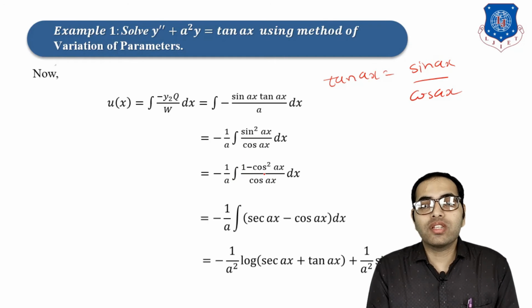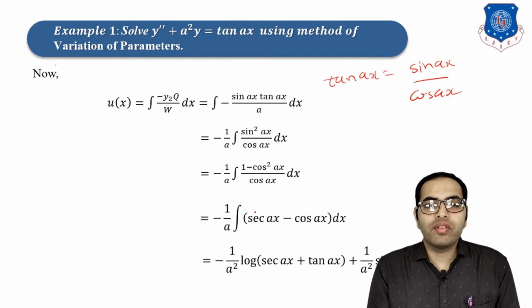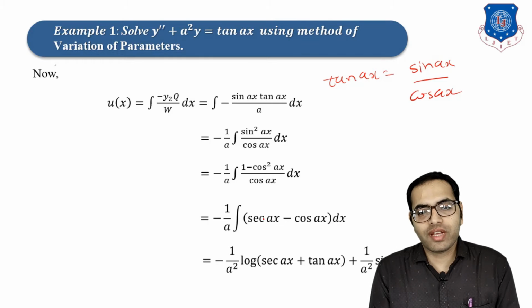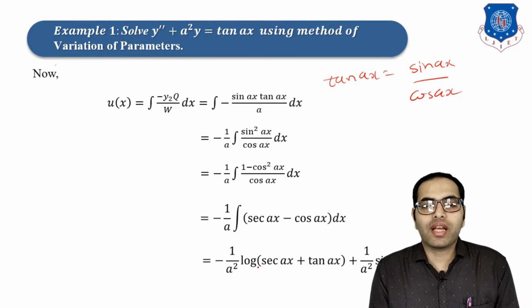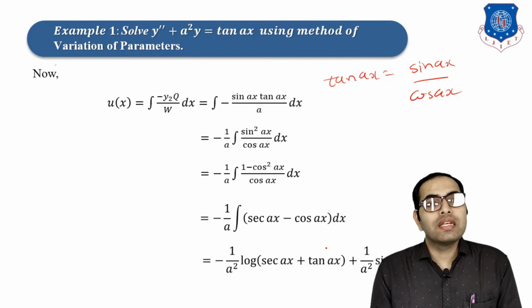Then expanding this term, giving each term the denominator, 1 upon cos becomes sec ax, cos will be cancelled out, then minus cos ax dx. The integral of sec is log of sec x plus tan x, into 1 upon a, so minus 1 upon a square log of sec x plus tan x, minus minus plus 1 upon a, integral of cos, that is sin ax upon a, so it becomes 1 upon a square sin ax. That is the value of u of x.